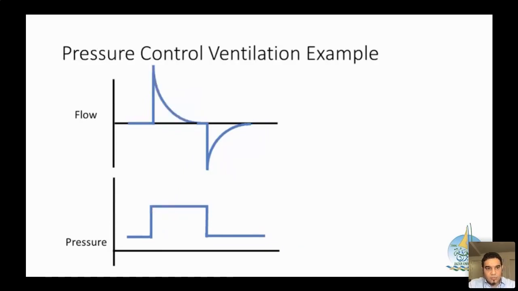All right, what about pressure control? In contrast to the volume control waveforms, with the pressure control waveforms, note which parameter is constant. Here you can see that the constant is the pressure. There is an abrupt increase in the inspiratory pressure that's held constant, and because of this sudden constant increased pressure, you can see a jump in the flow.